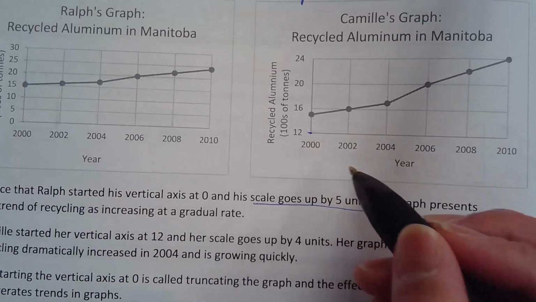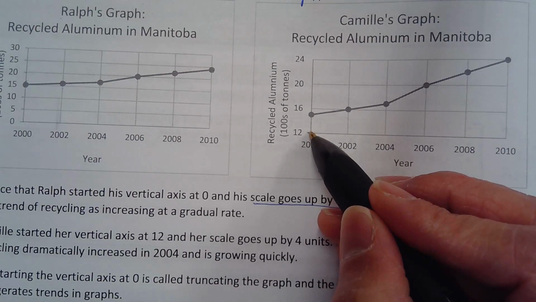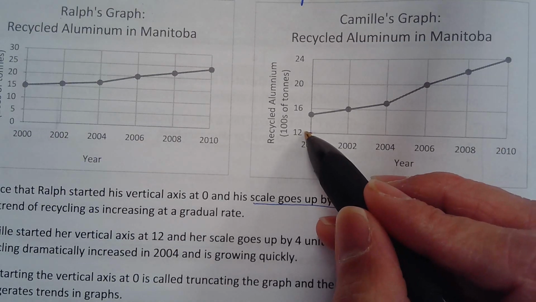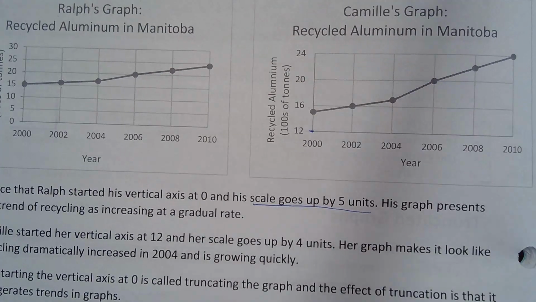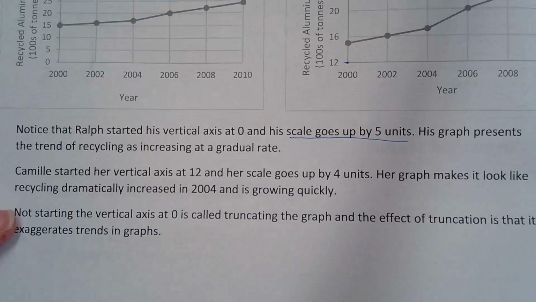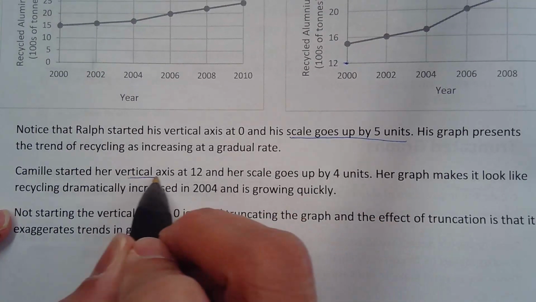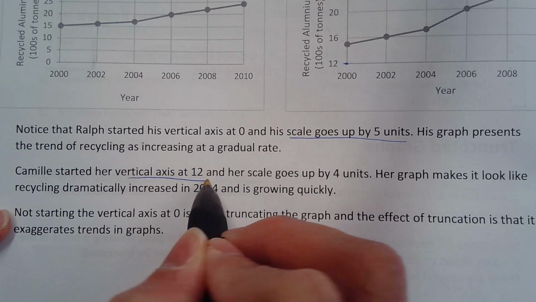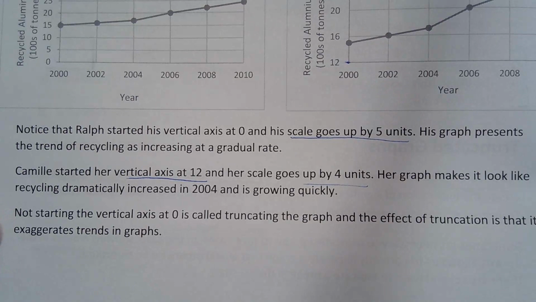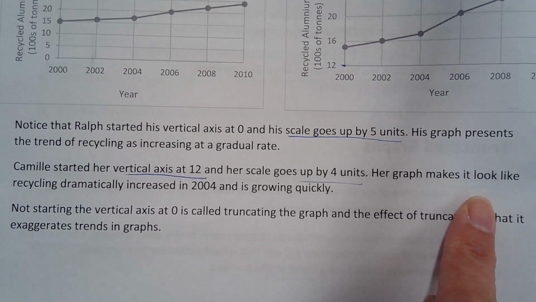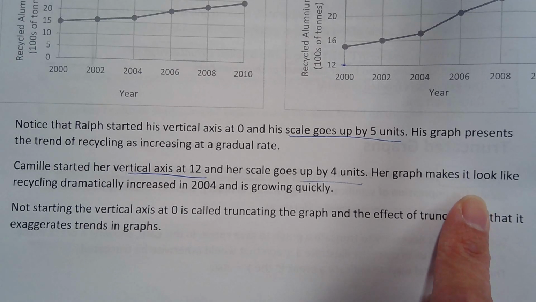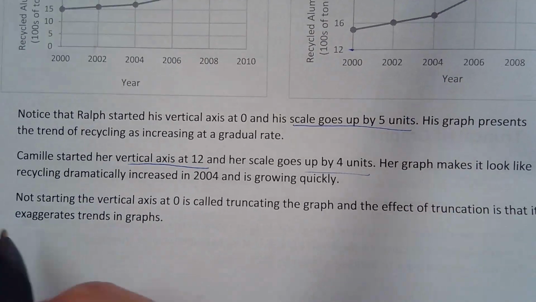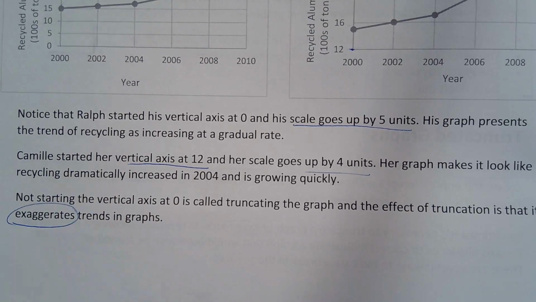Whereas this one starts at 12, and what does it go up by? 4. You go up by 4 each time. So, vertical axis starting at 12, and goes up by 4. And it makes it look like it's dramatically increased, and the growth is a lot more. It has an exaggerated trend in the graph.